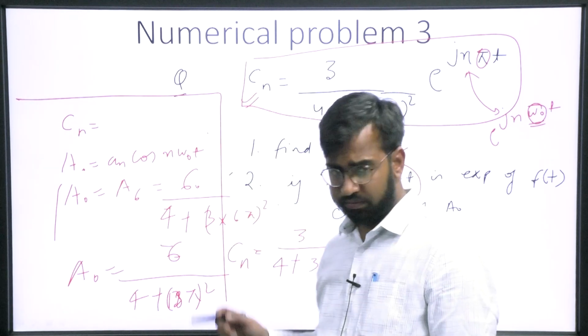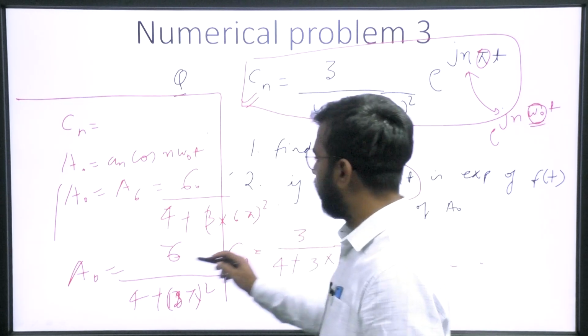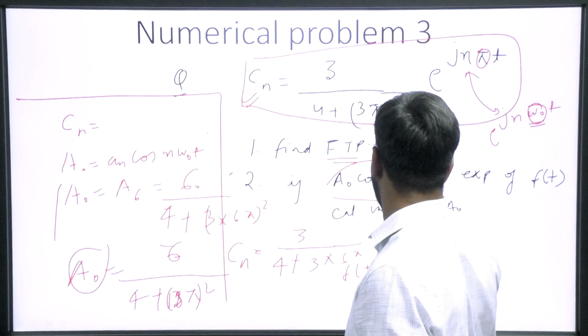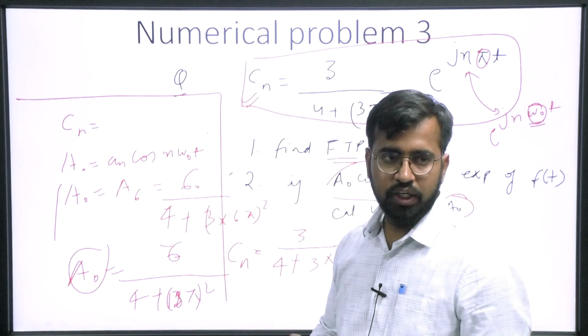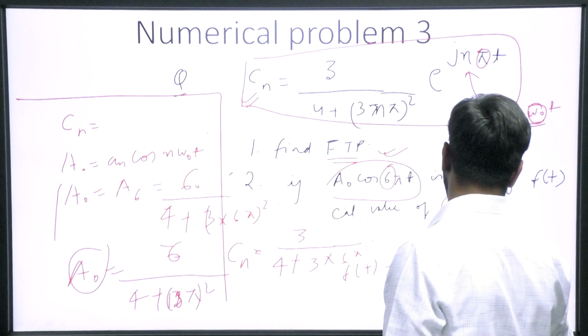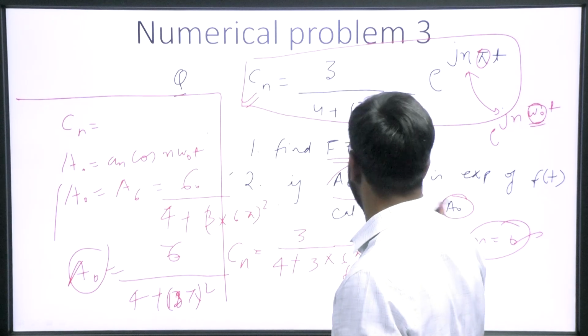So we have got the value of a naught, which is what we were required to find. Whenever a coefficient is given, look for the value of n being asked about, then use that value of n.